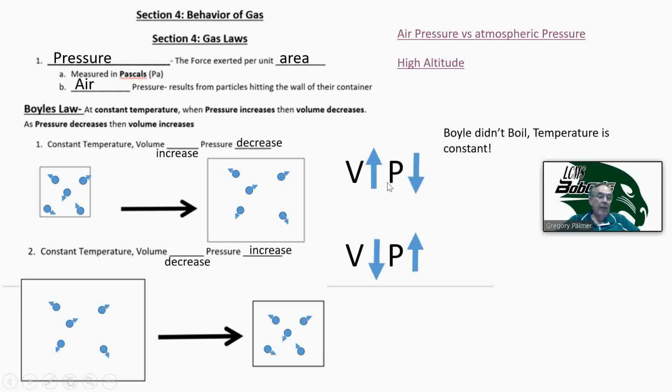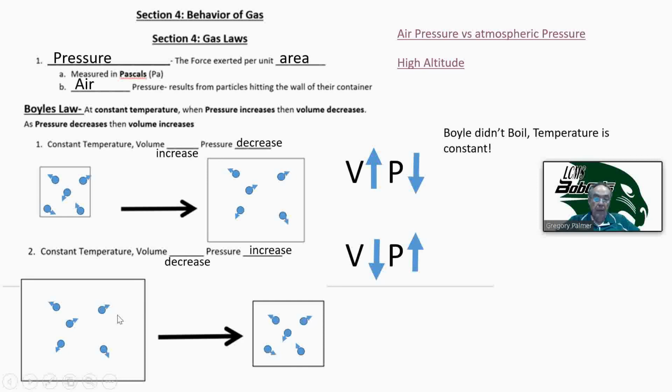A lot of times I just remember when we talk about Boyle's Law, when the temperature is constant, whatever one variable does, the other one goes in exactly the opposite direction. The word for that is inverse. Here the volume goes up, so we went from a small volume to a big volume, and the pressure goes down. So in the big volume there's less pressure.